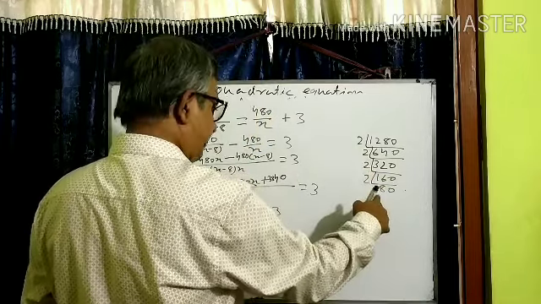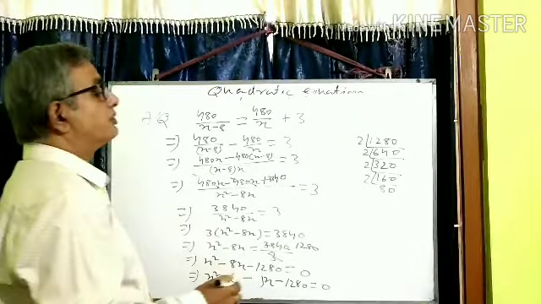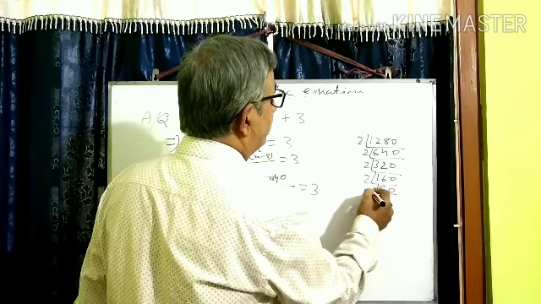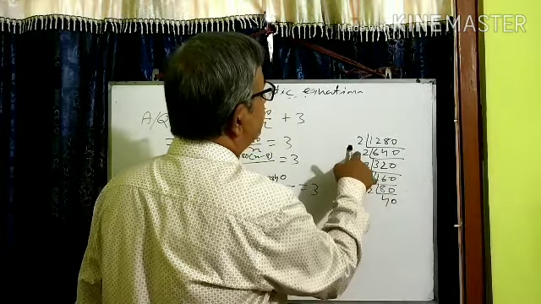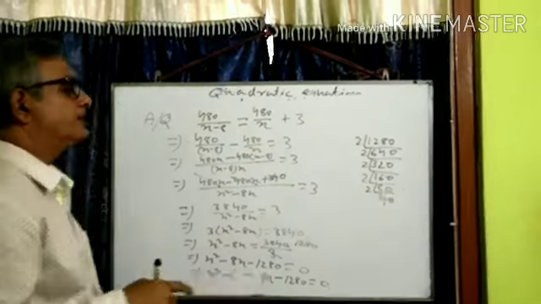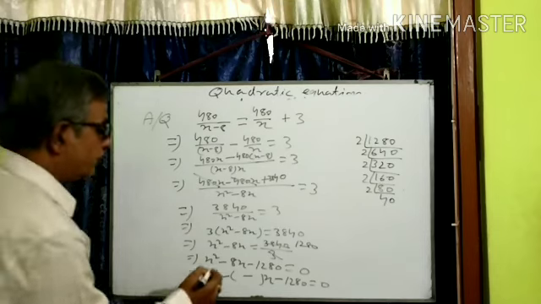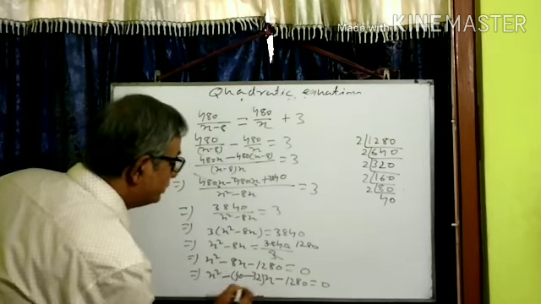If you subtract 16 from 80, you are not getting 8. So proceed further to 40. Now 2 2s are 4, 2 are 8, 2 are 16, 2 are 32. 40 minus 32, you are getting 8. So I am writing here 40 minus 32.